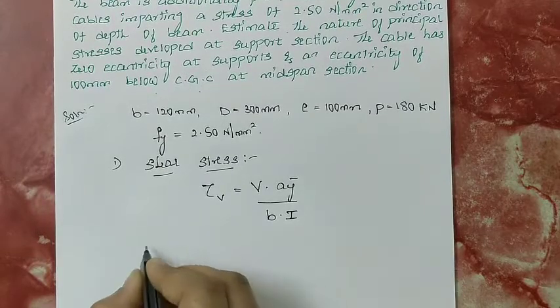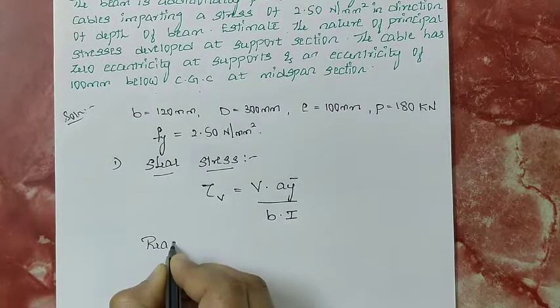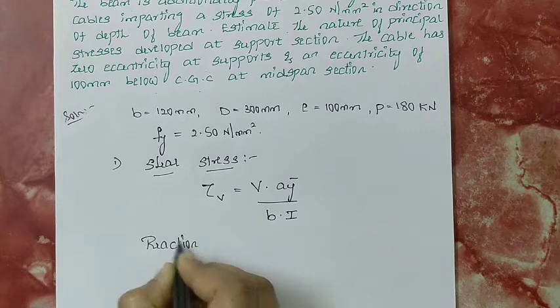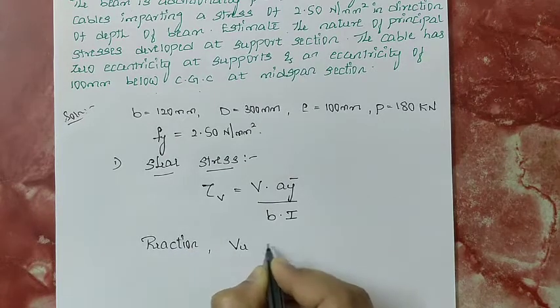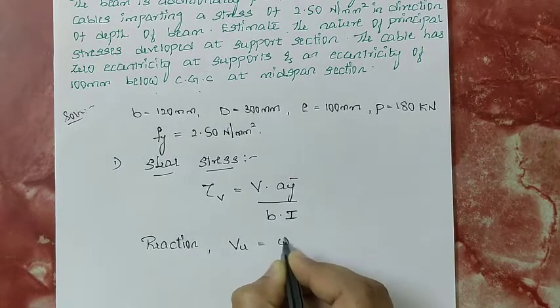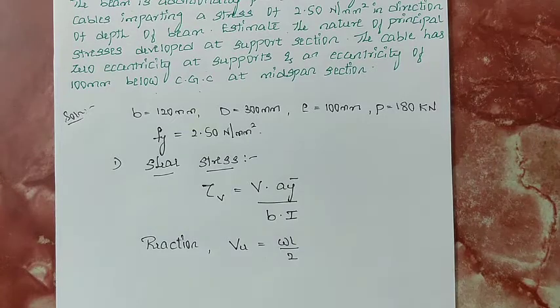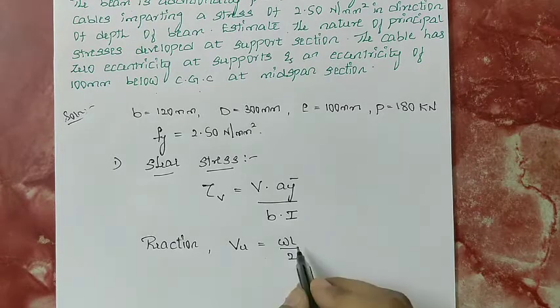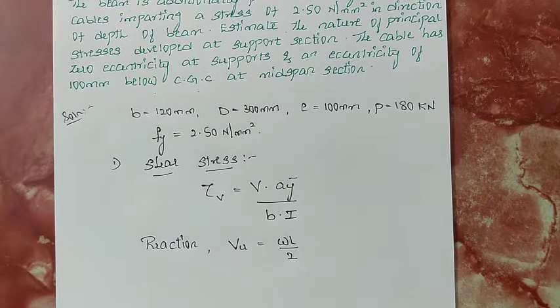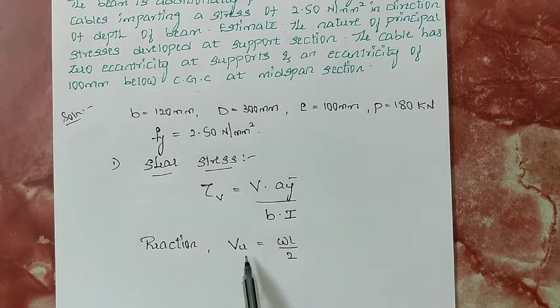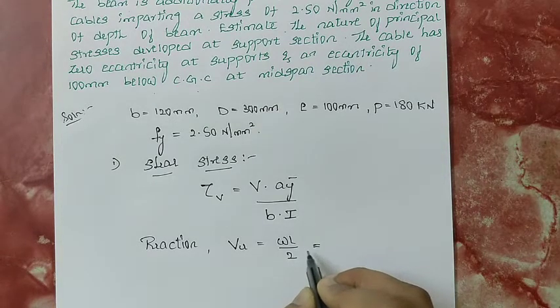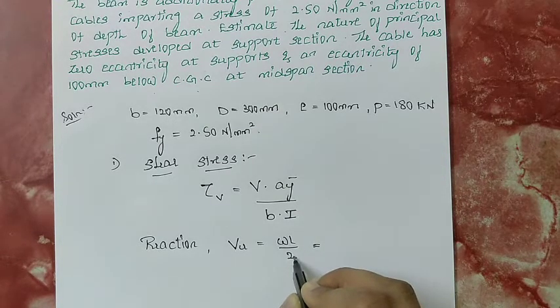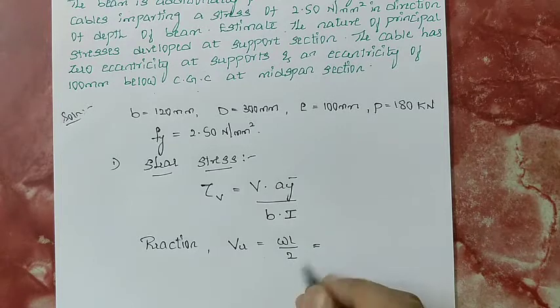Okay, first you calculate a reaction, that is VU, it is given by WL divided by 2. Okay, the load it is UDL 5 kN per meter. Okay, shear force value, ultimate shear force value, it is the support reaction value itself. Okay, that is WL by 2.